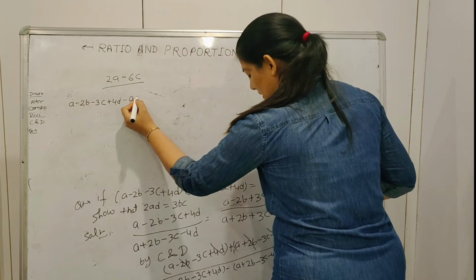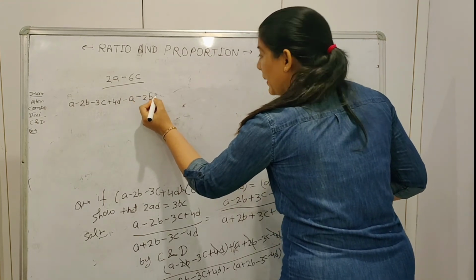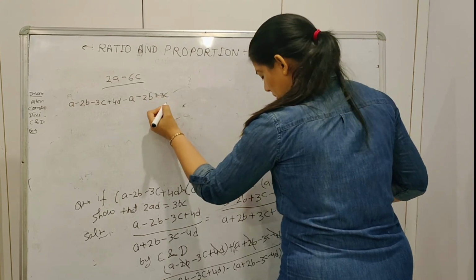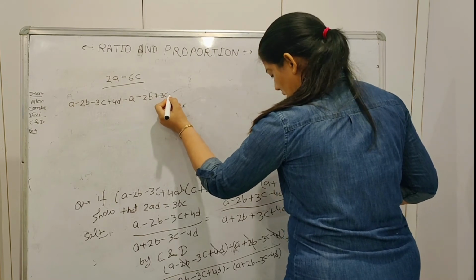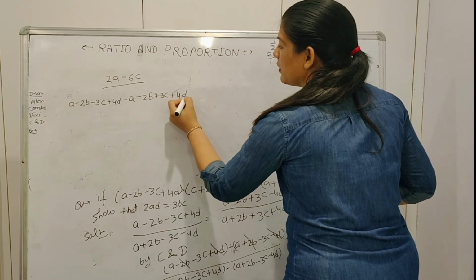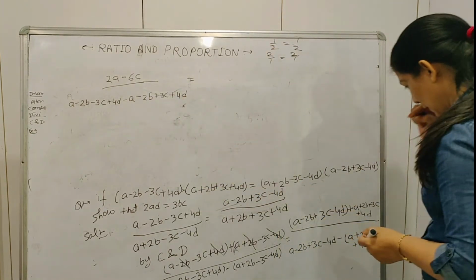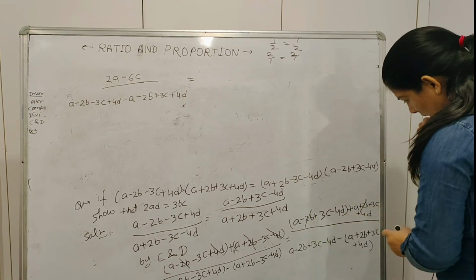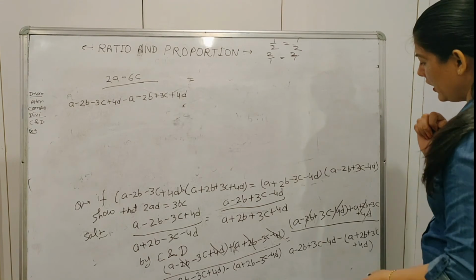A becomes minus a, plus 2b becomes minus 2b, minus 3c, sorry, it will be minus plus, and minus plus 4d is equal to, in the numerator here we have 2b cancelled by 2b, 4d again cancelled by 4d.